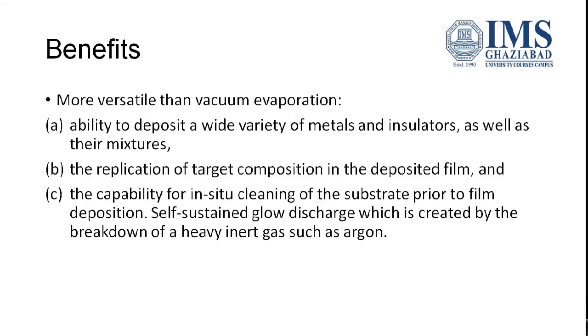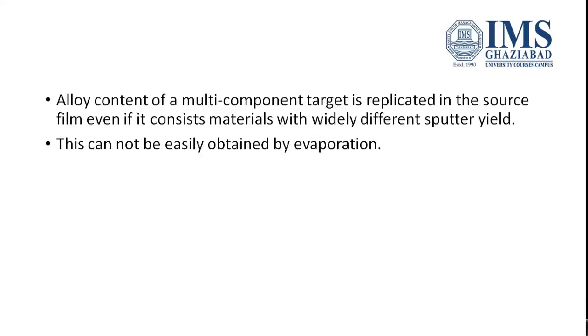A self-sustained glow discharge is created by the breakdown of a heavy inert gas such as argon. The alloy content of a multi-component target is replicated in the film even if it consists of materials with widely different sputter yields. This cannot be easily obtained by evaporation, because in the case of an alloy, since it is multi-component, the depositions are not equal.